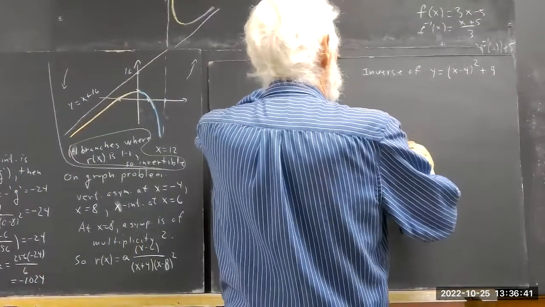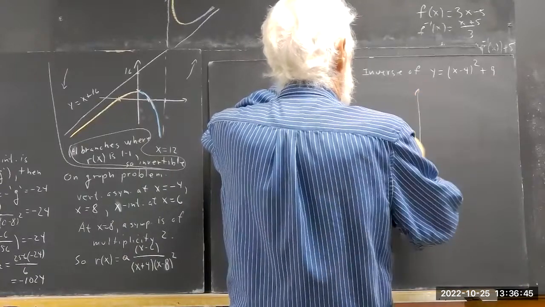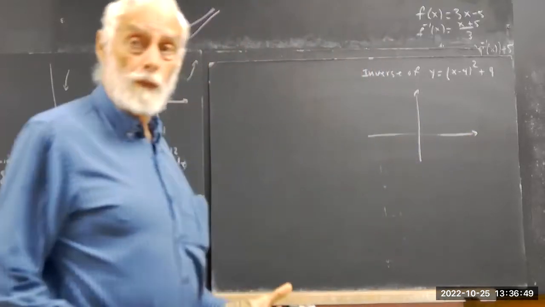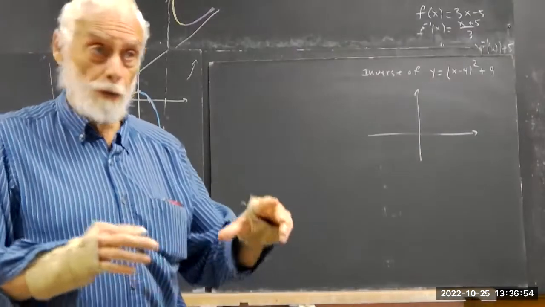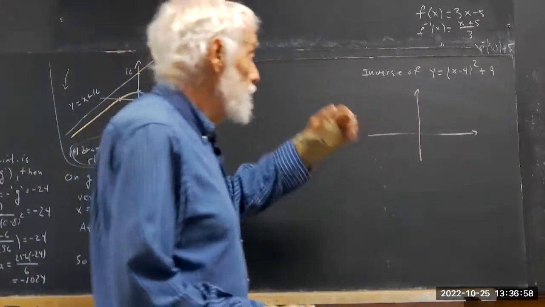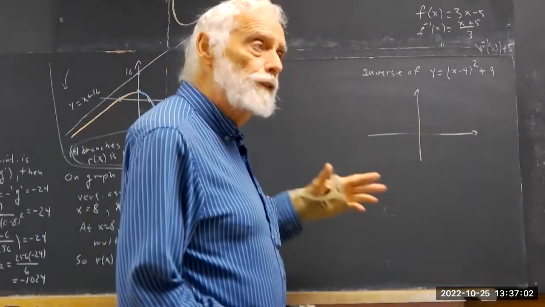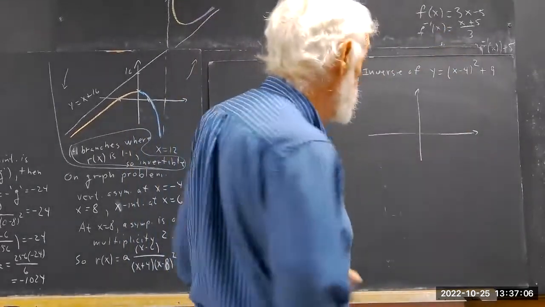First of all, it's a good idea to start with a graph of the function. I didn't do that for the rational function because I wanted to concentrate on the algebra first and then look at the graph later. In this case, y equals (x minus 4) squared plus 9 is just your y equals x squared, shifted 4 units this way, 9 units this way.